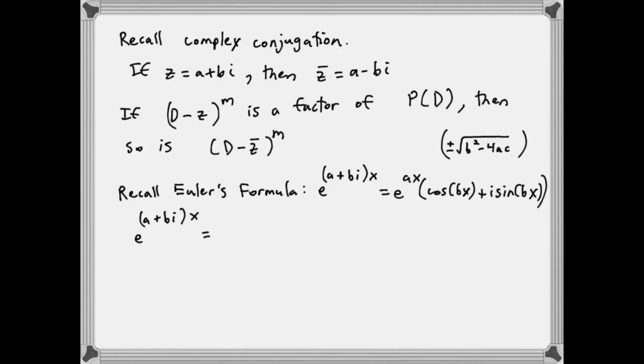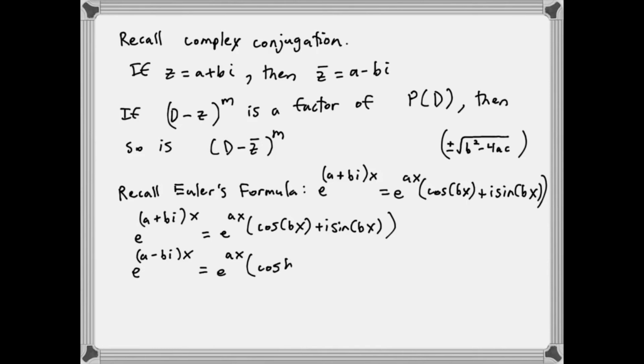We end up with e to the ax times cosine of bx plus i sine of bx. And if you do that with its complex conjugate, that's going to equal e to the ax times cosine of bx minus i sine bx. The reason for that is that when you take sine of a negative, it pulls out, but when you take cosine of a negative, it disappears.